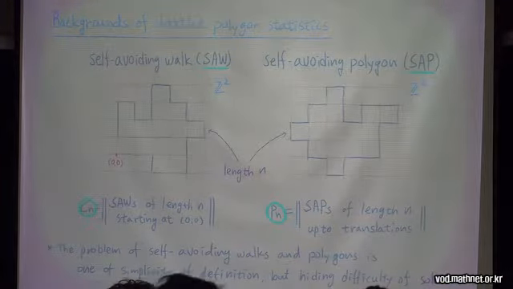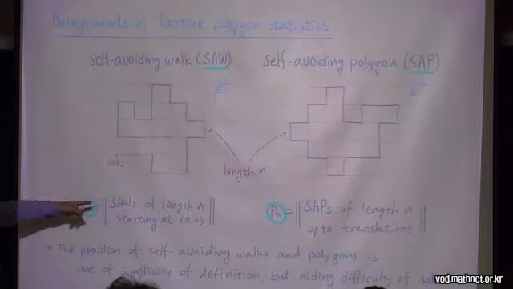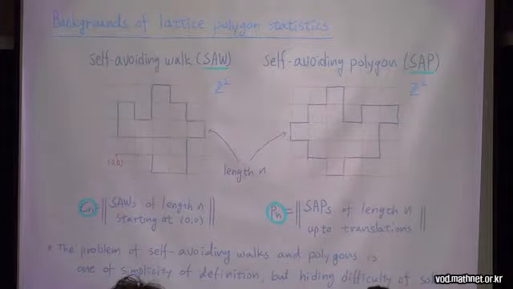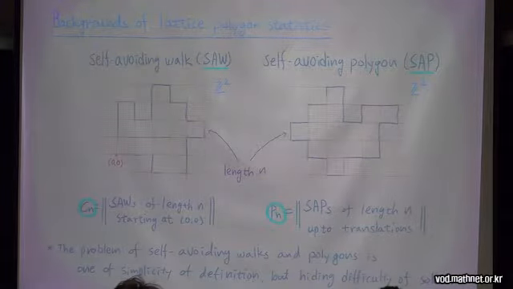Today we'll think about self-avoiding walks of length n starting at the origin, and the number of them is called Cn. The number of self-avoiding polygons of length n up to translation is called Pn.